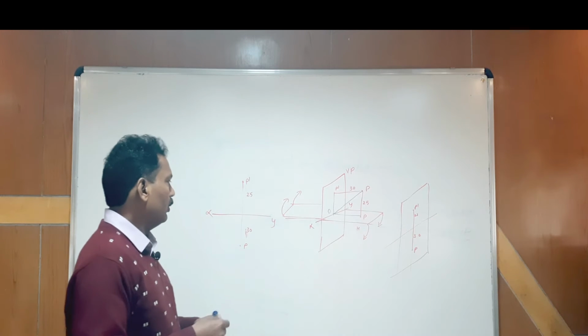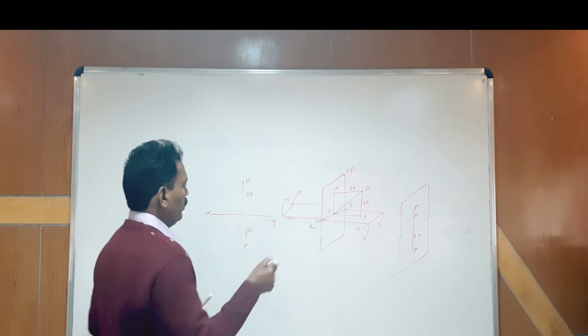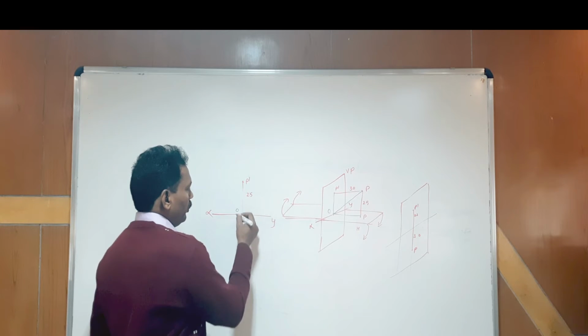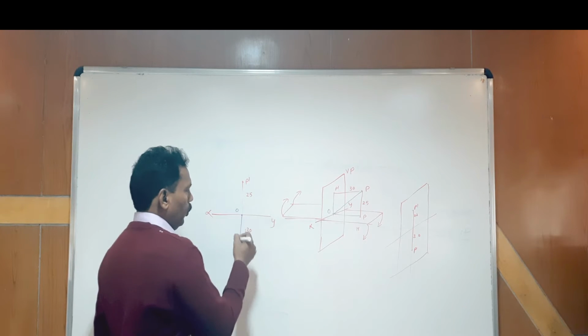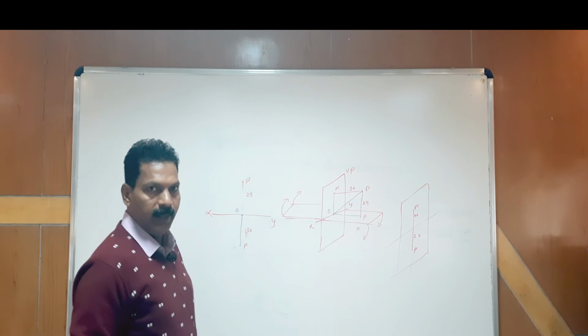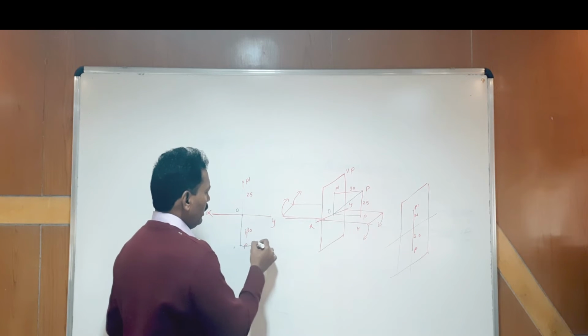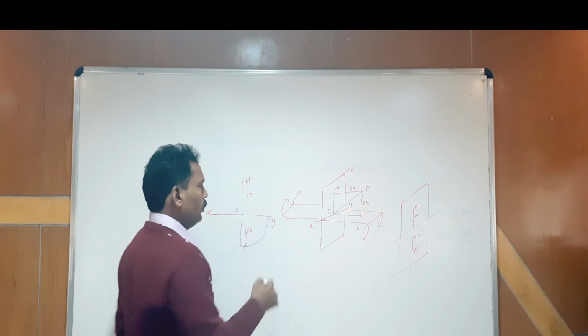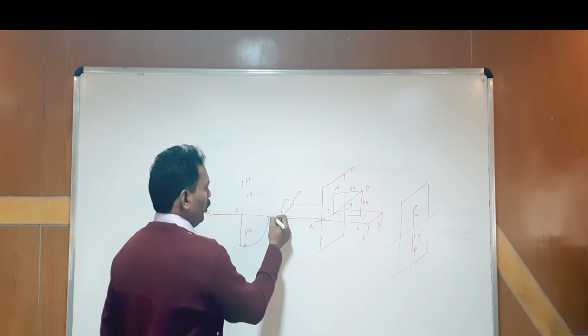So what we will do, we rotate OP, taking O as center and OP as radius, in the anti-clockwise direction. So you get here somewhere point P1.